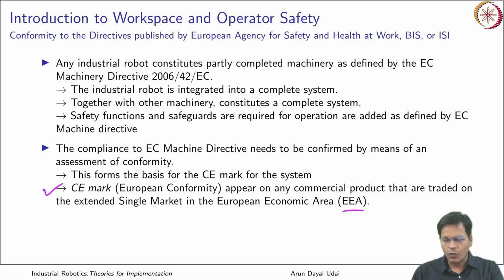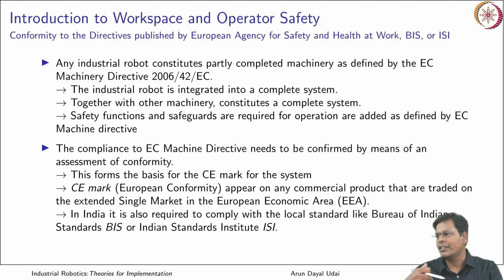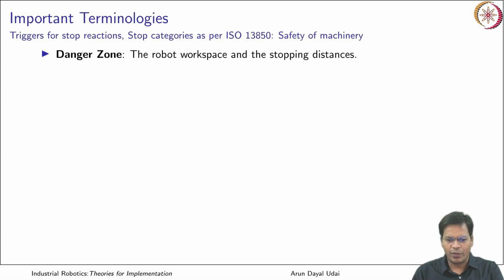You must have seen sometimes even on your mouse, the CE symbol is written somewhere. That is also the same. In India, it is also required to comply with local standards like Bureau of Indian Standards BIS or Indian Standards Institute ISI marks.